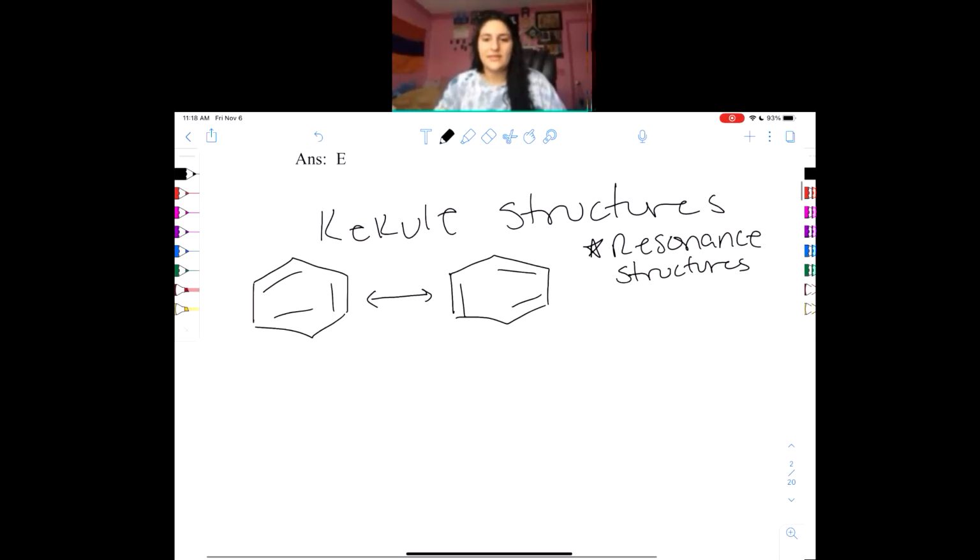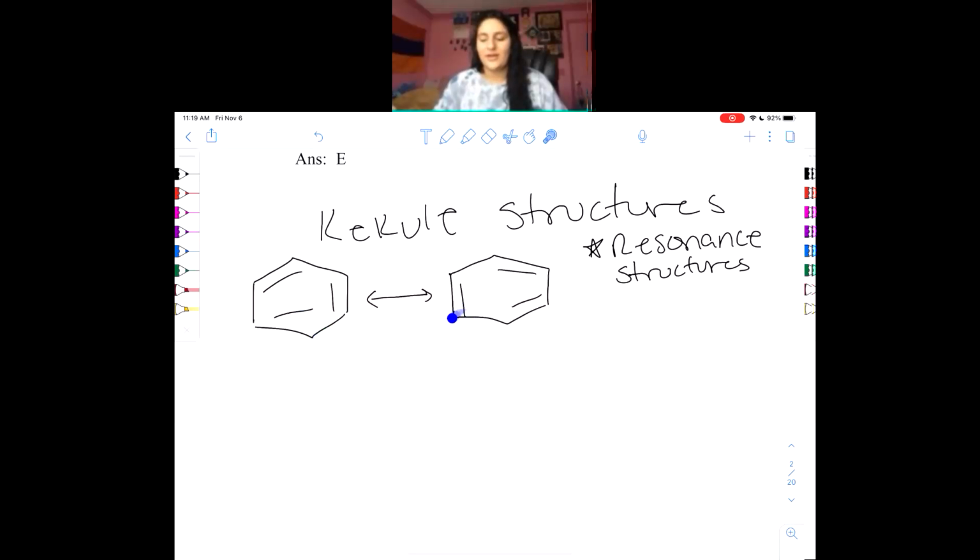And the reason I bring this up is because these two structures, which are resonance structures, are not correct. What I mean by that is neither of these are accurate depictions of benzene. There will be a question either now or on the final. It always shows up. And it will ask you something like, which of the following is true about Kekulé's resonance structures for benzene, right?